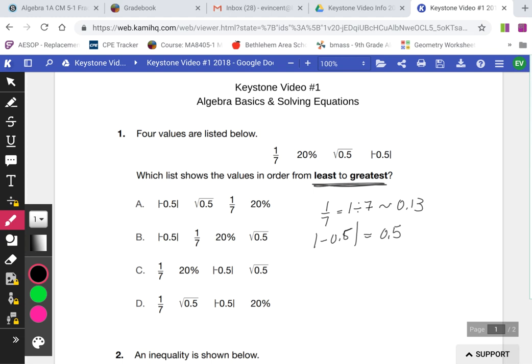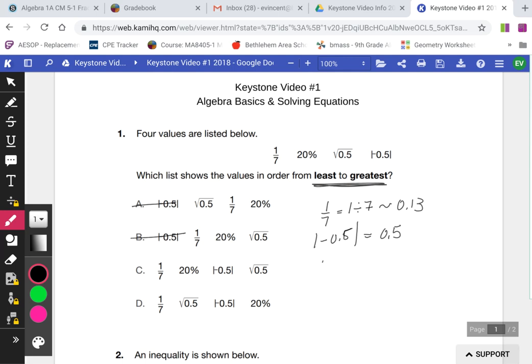So right now, we know that we can eliminate A and B because that's definitely bigger than 0.13. Then we have to decide, is 20% the next one, or is the square root of 0.5 next?